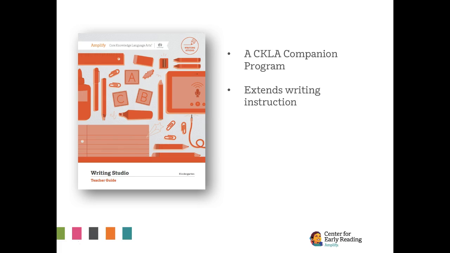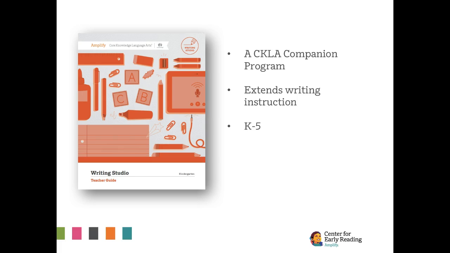Writing Studio does not replace the writing instruction provided in CKLA. CKLA should remain your core program as it meets or exceeds all college and career readiness writing expectations. Writing Studio builds on this core instruction by providing extra practice around each of the 3 text types. Lastly, please note that Writing Studio can be used in grades K through 5.